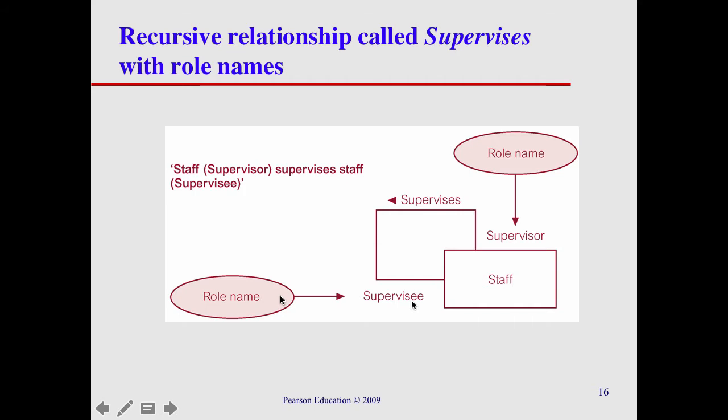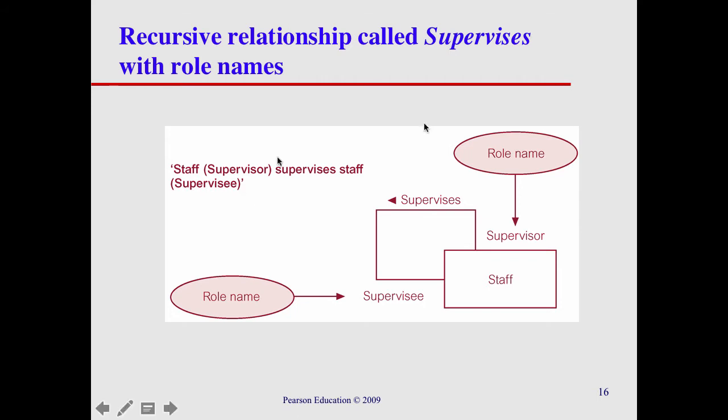So in the UML diagram, a recursive relationship, you often, in addition to having the relationship name, you often also put the roles down so it's clear what the two ends of it mean. Otherwise, you're looking at staff goes to staff, what the heck? May not be clear what's going on.